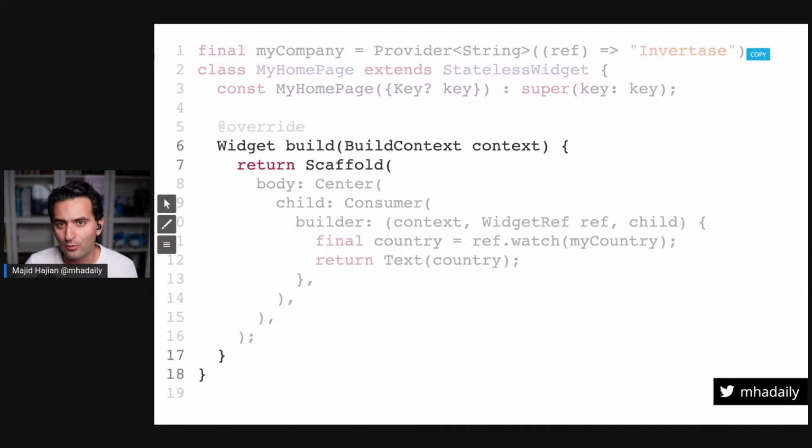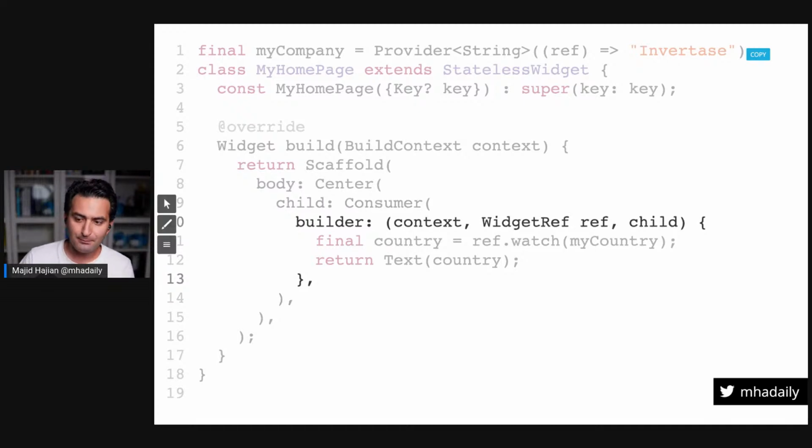Once you do that, the first step to use that simple provider is to have a Consumer widget, which gives you a builder. In that builder, you're going to have 3 parameters. The context, the BuildContext, definitely something you're familiar with as a Flutter developer.